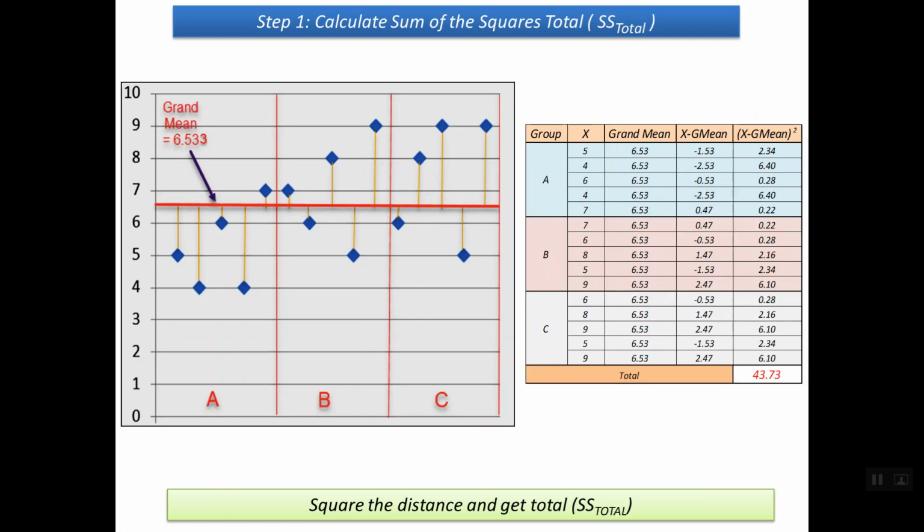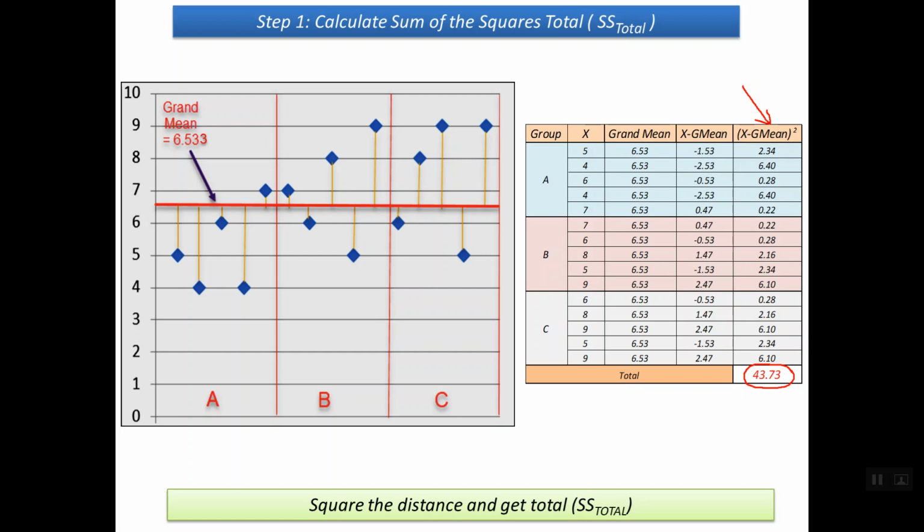So the way to get a value is to take the square of these deviations. So we add here a new column which represents the square of the deviation between each observation and the grand mean, and the total of all of these squared deviations, which is 43.73, is the SS total.